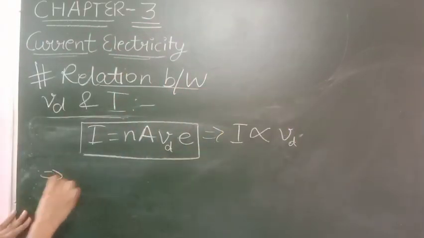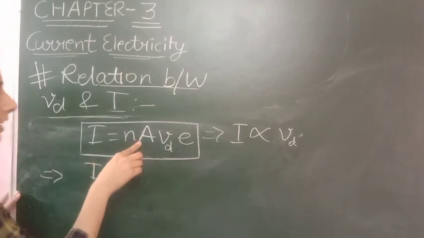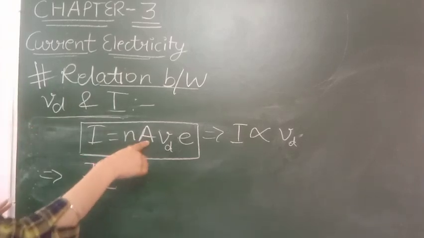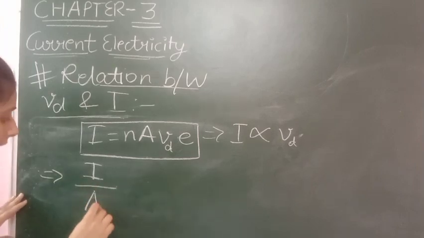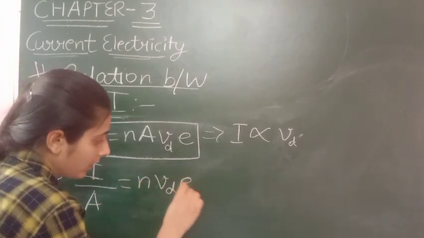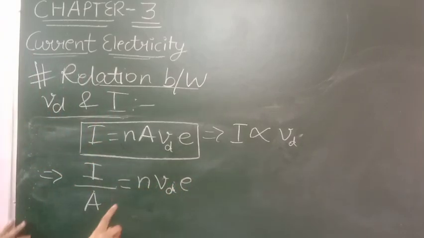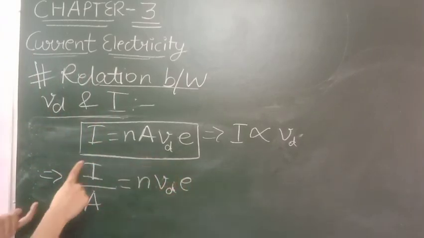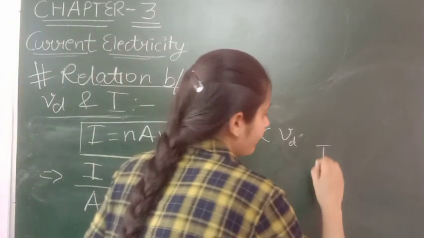Now from this formula, we'll derive the formula of current density. Here we have A. So when we take this A to the left hand side, it will come into the denominator. So we have this relation: I upon A will be equal to NVde. And what is I upon A?